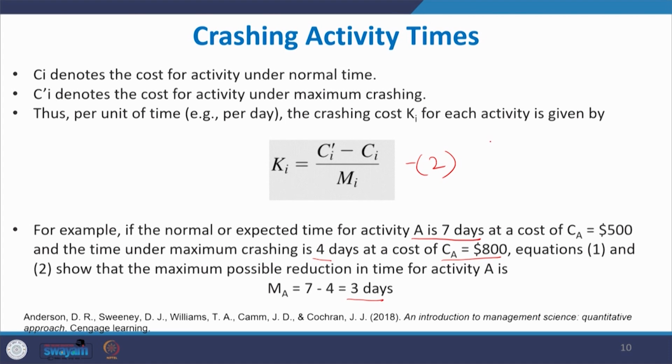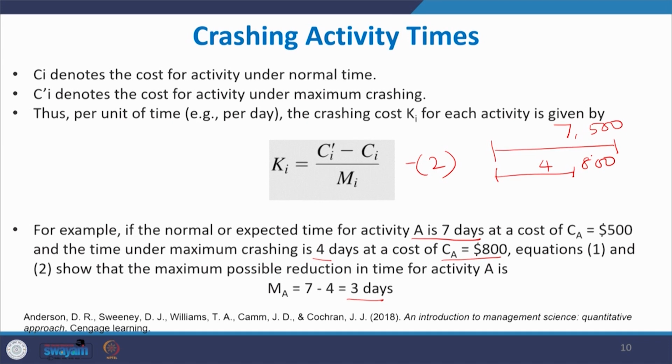So, there is an activity like this. Normally we can finish in 7 days, the cost for this is $500. If you compress this into 4 days, the cost is $800.